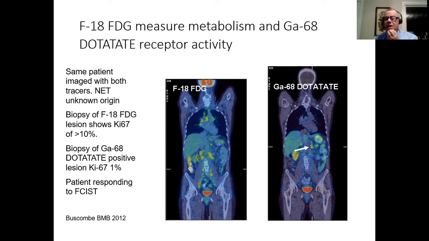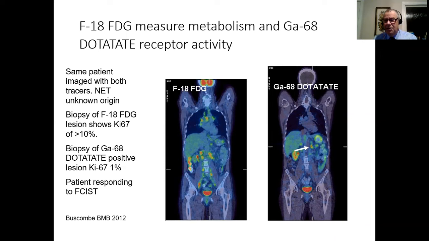Now, because she was a professor of pathology, she said, well, I need tissue from both. I've got the FDG avid lesion. Can you get me the DOTATATE lesion? So she had that done under a CT-directed biopsy. And that came back as looking the same neuroendocrine tumor under the microscope, but the Ki-67 was only 1%.